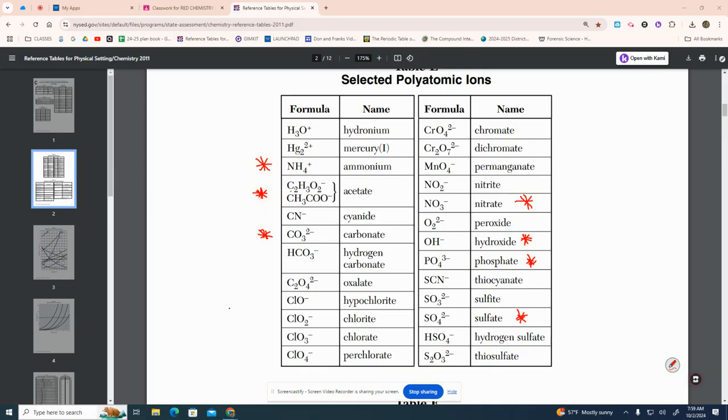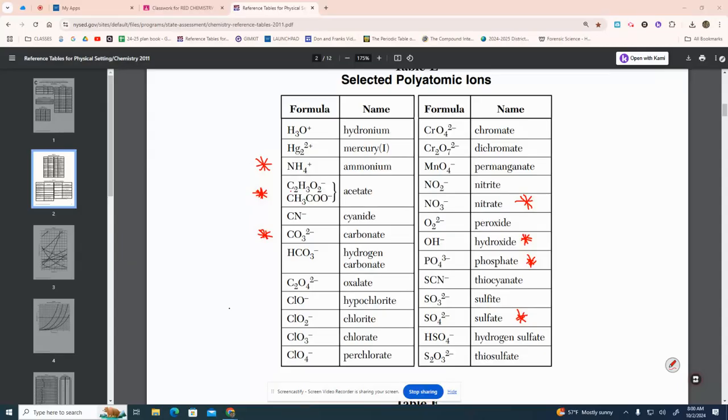So this one says C2H3O2, which is the acetate. You've got hydroxide. You've got sulfate. You've got phosphate. You've got nitrate. And you've got carbonate. All of which I should have put little stars next to. Okay? So I took 6 out of these 7. The one I left off, I guess, is the ammonium one, which is the positive one.